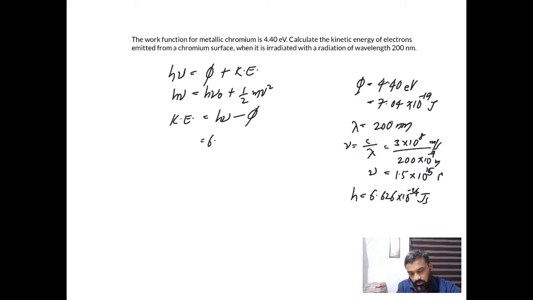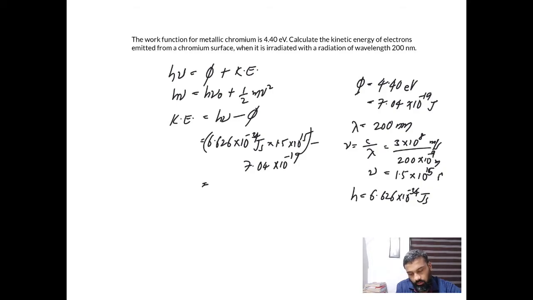Okay, now we can substitute these values here. 6.626 into 10 raised to minus 34 joule second into nu, that is the frequency of radiation, 1.5 into 10 raised to 15. Okay, then we need to subtract the threshold energy from this radiation energy, 7.04 into 10 raised to minus 19.